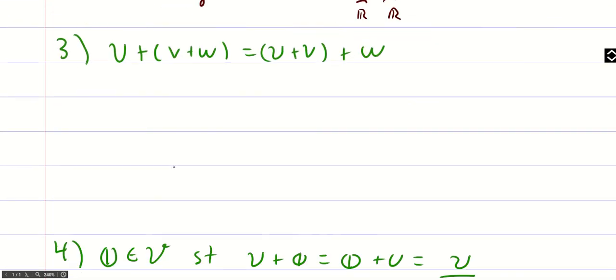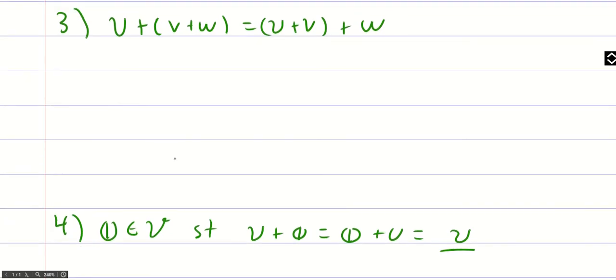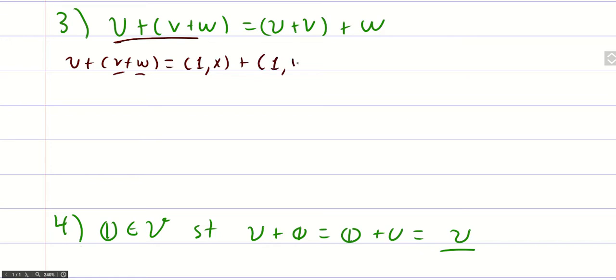The next property is the associativity property. So for that we need to consider three vectors. So let's start from the left hand side. That means U plus V plus W. This equals (1, x) plus the sum of V and W, which is going to be (1, y plus z). And then we sum these two vectors. So we obtain (1, x plus y plus z).